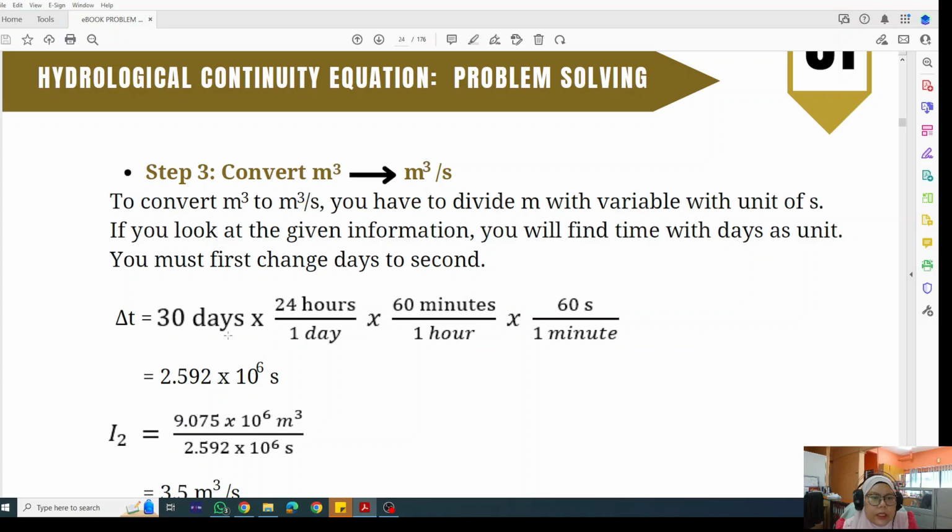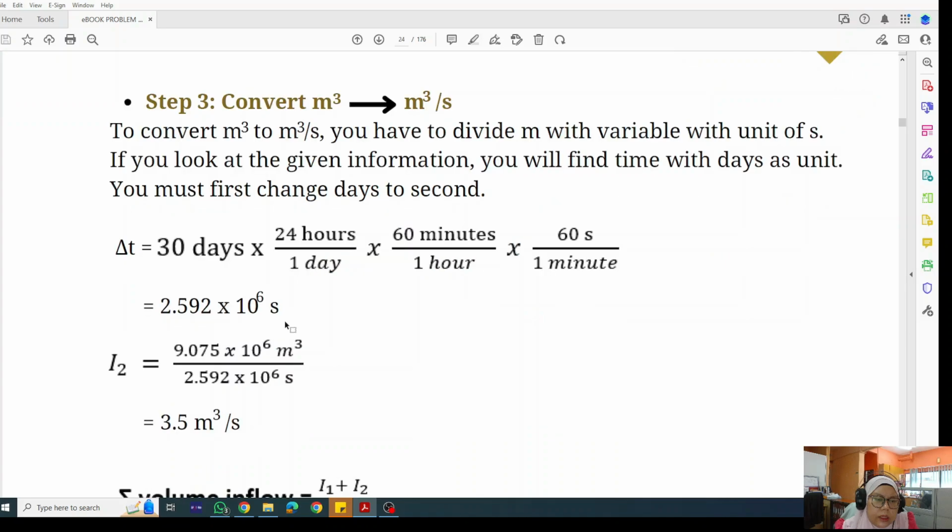So this is how you convert days to second. 30 days times 24 hours divided by 1 day times 60 minutes divided by 1 hour times 60 seconds divided by 1 minute. At the end of the calculation, you will get 2.592 times 10 to the power of 6 seconds. So you already obtained the time in second and the precipitation in meter cube.